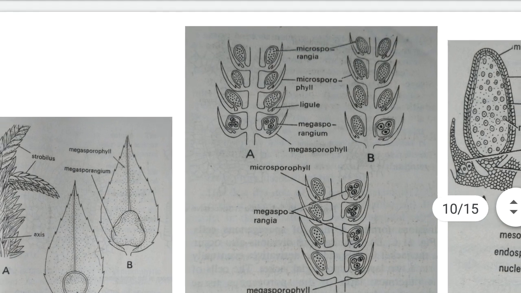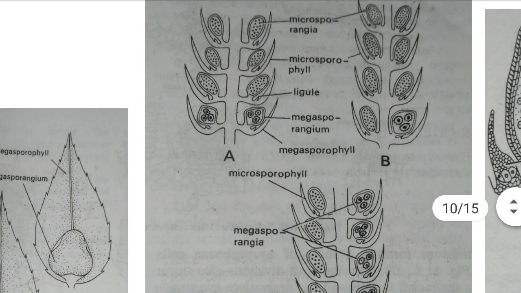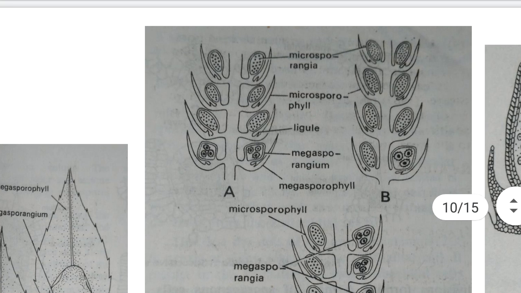You see, this is the longitudinal section, means LS, of the strobilus. In A diagram, at the apex all are microsporangia in the axillary position of the microsporophylls or sporophylls. There are three pairs of the microsporangia, and at the base there is a single pair of the microsporangium. And in the B diagram, toward both sides, in the first 3 pairs there are microsporangia.